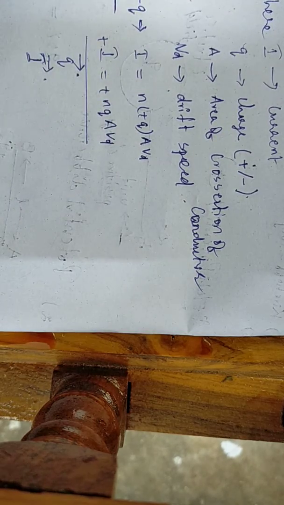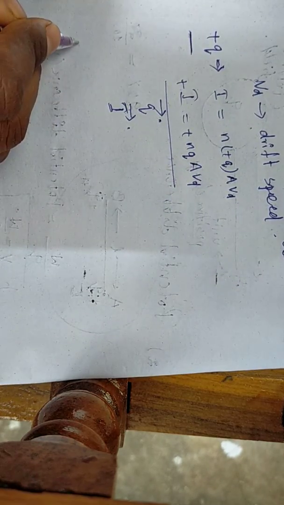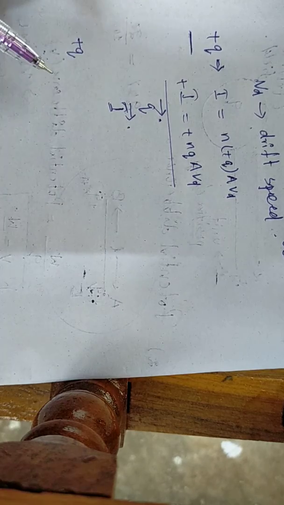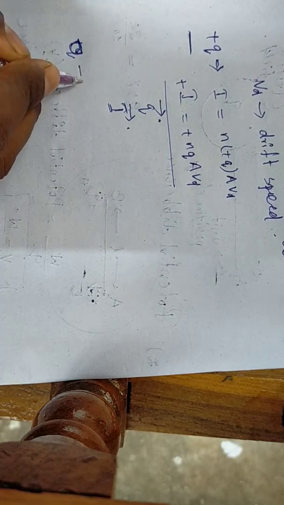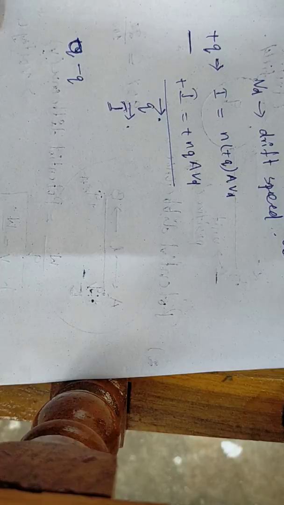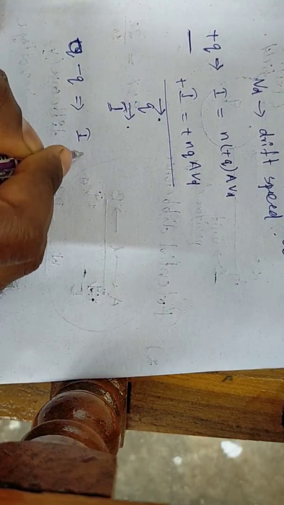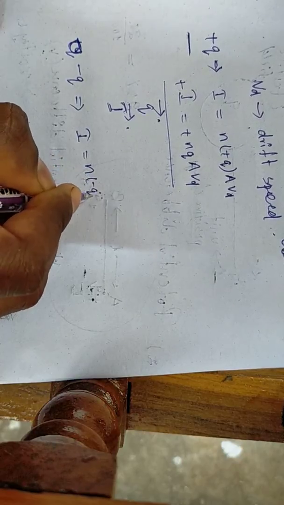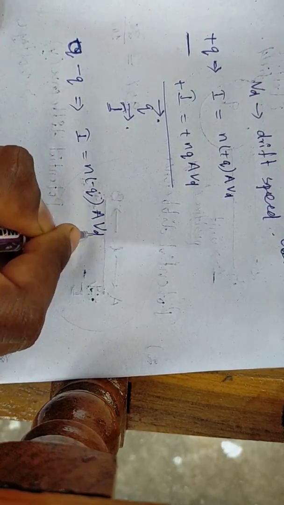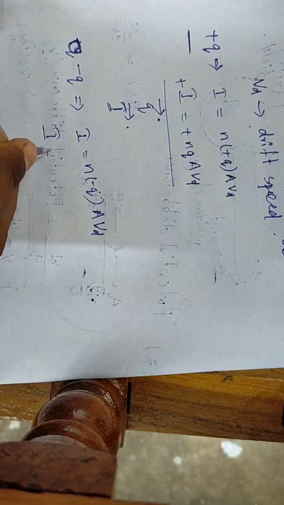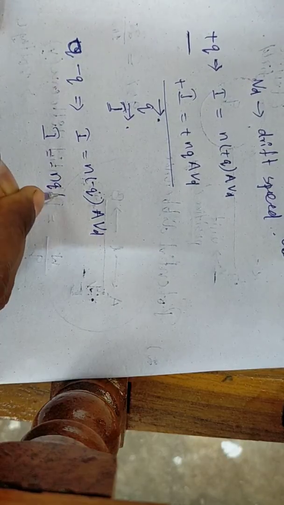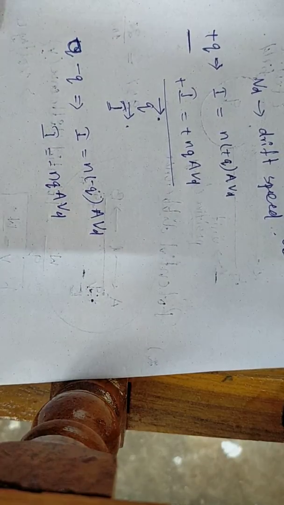Let us suppose if the charges are negative. Now you substitute this minus Q in the Drude and Lorentz equation. I equals to N minus Q A Vd. You will get here I equals to minus NQ A Vd.